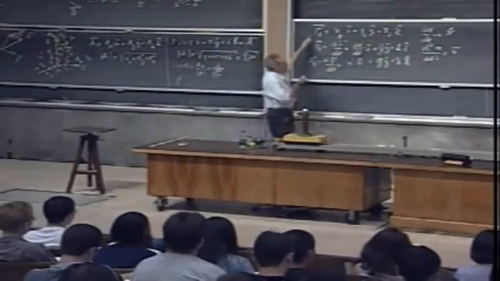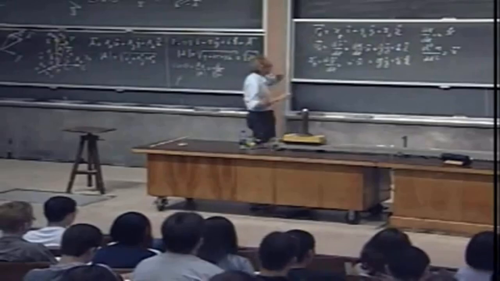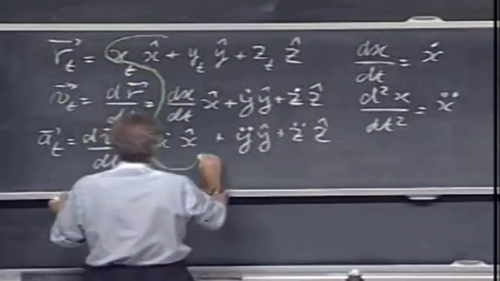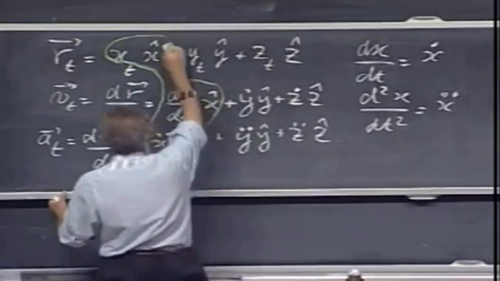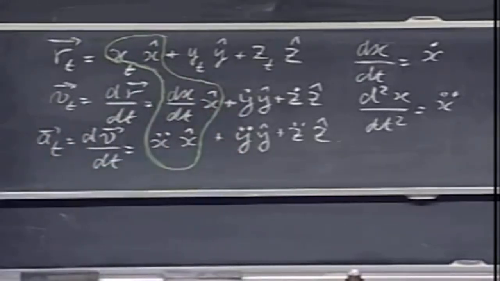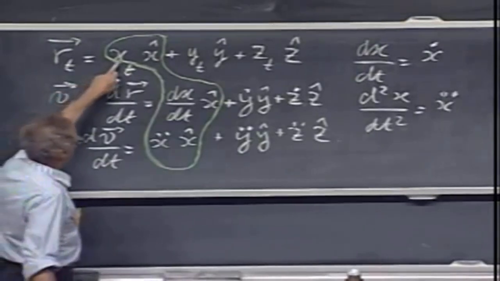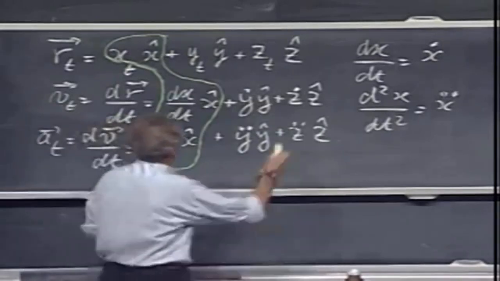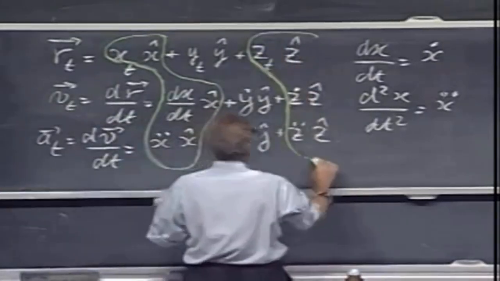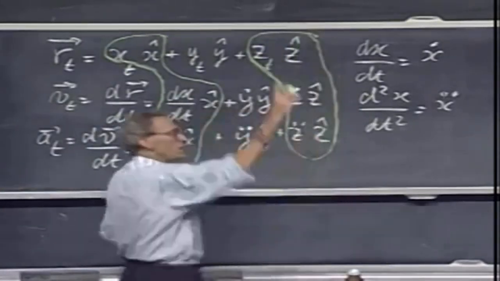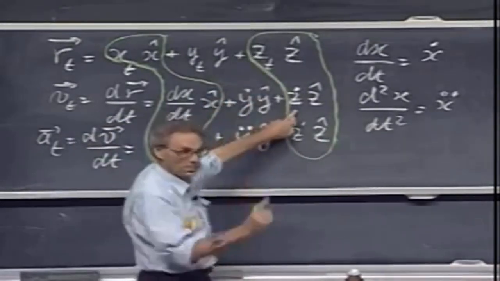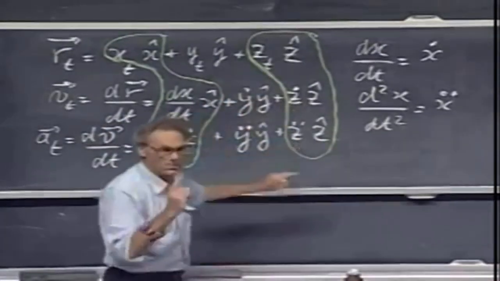We have a point P going in three-dimensional space. And here we have the entire behavior of the object as it moves, its projection along the x-axis. This is the position, this is its velocity, and this is its acceleration. And here you see the entire behavior on the z-axis. This is the position on the z-axis, this is the velocity component in the z-direction, and this is the acceleration in the z-axis.